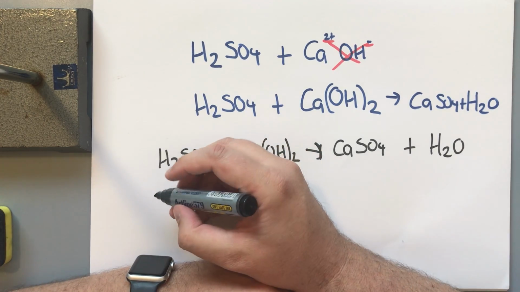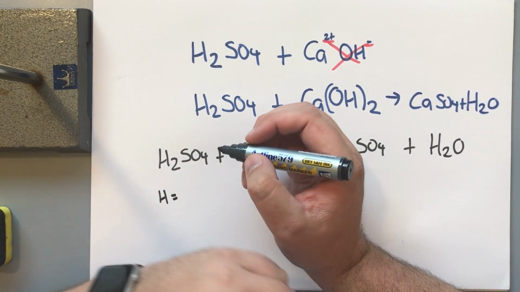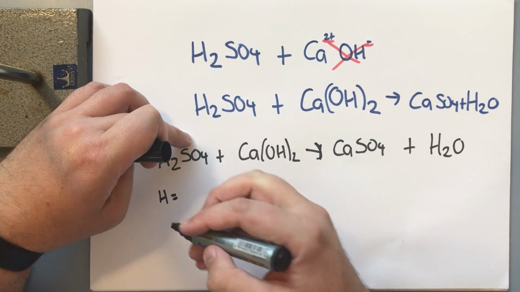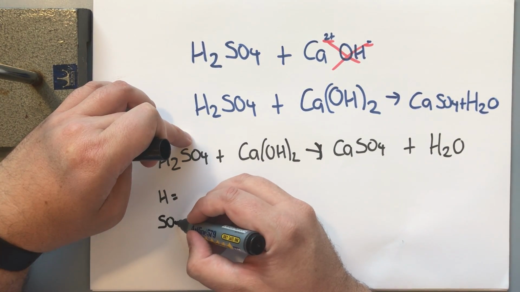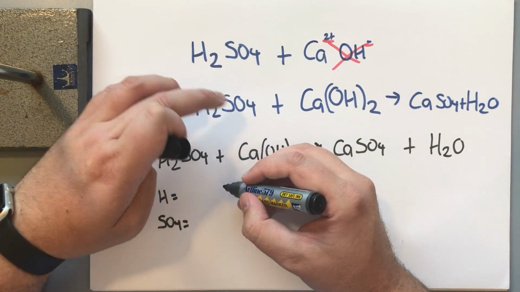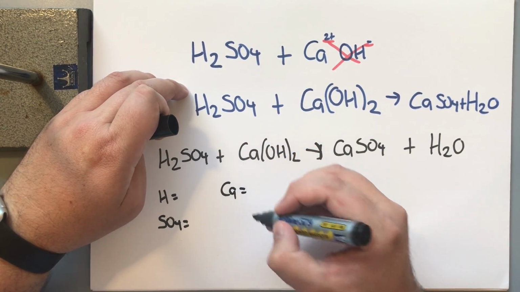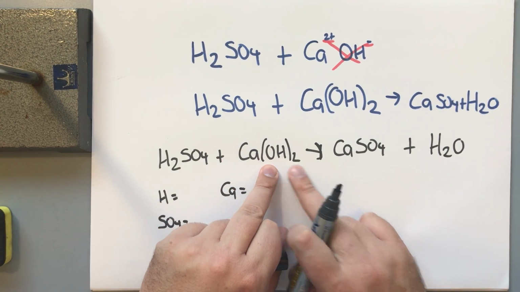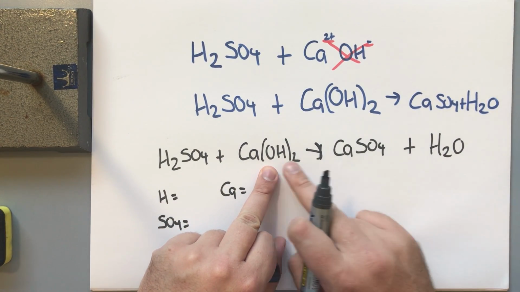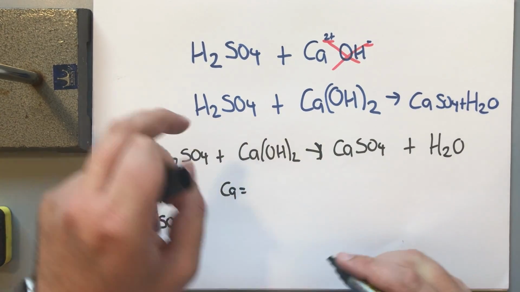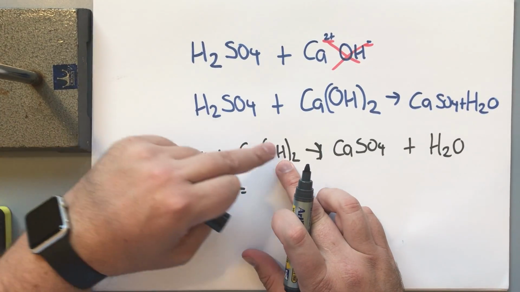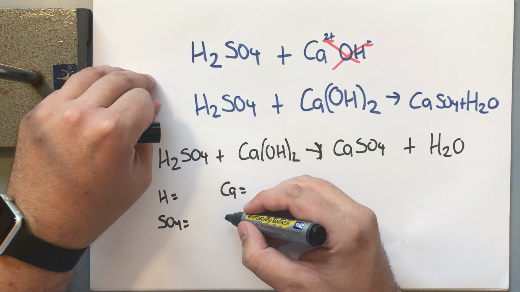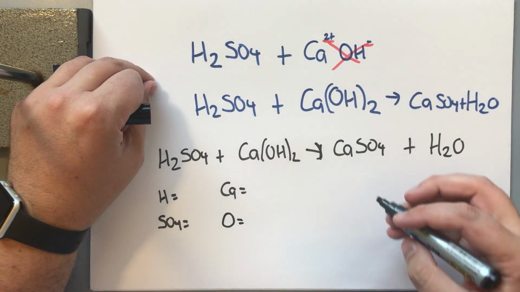So let's do it this way. H equals, now we've got SO4 here and SO4 there, so we can do that as an SO4 equals calcium equals, and we're going to split this hydroxide for this purpose. Because we don't have a hydroxide unit over here, it gets bonded and split to form water. So we're going to count that hydrogen as part of the overall hydrogen, which leaves us just the oxygen from that equation to work out.